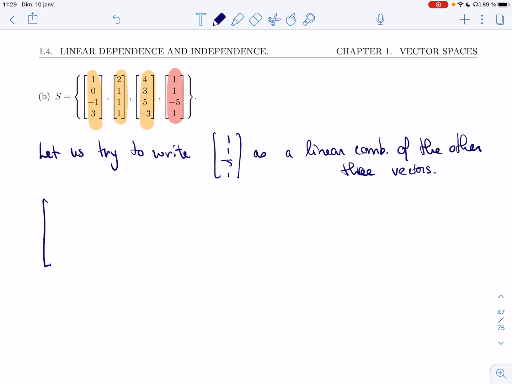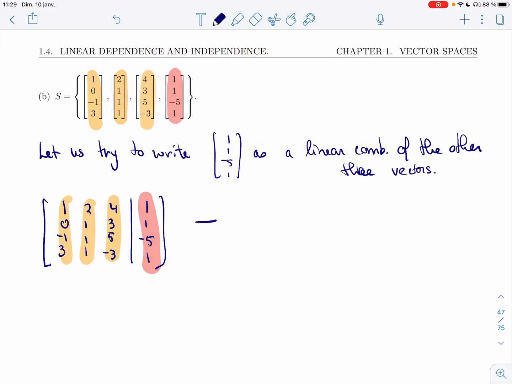So when I set up my system, I'm going to put my 3 building blocks, the 3 vectors that I'm using to build the other one, first, and then I'm going to put my red vector that I'm trying to build as the constants.